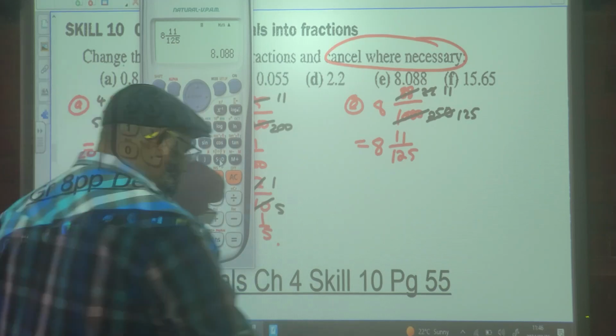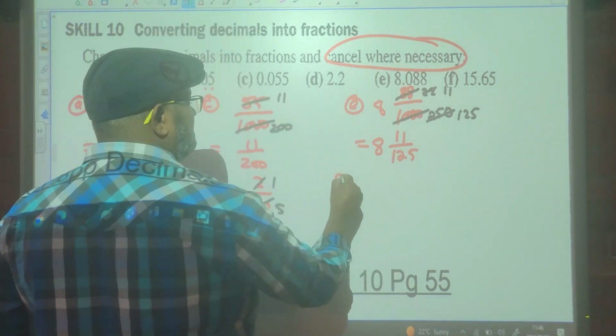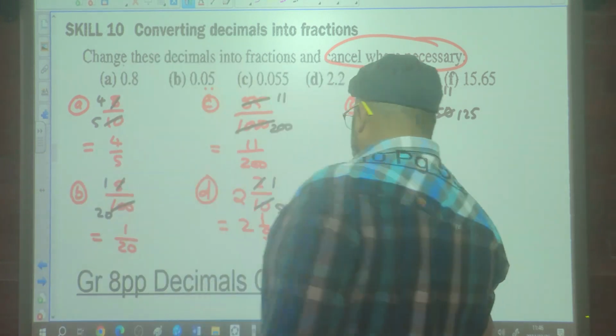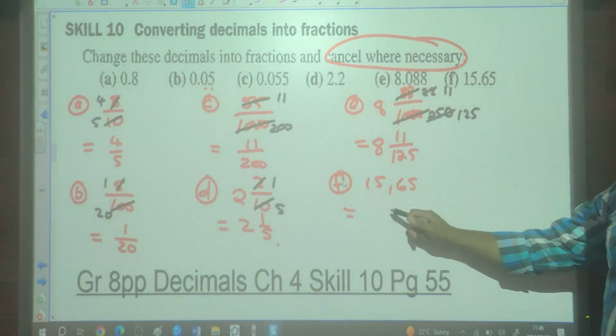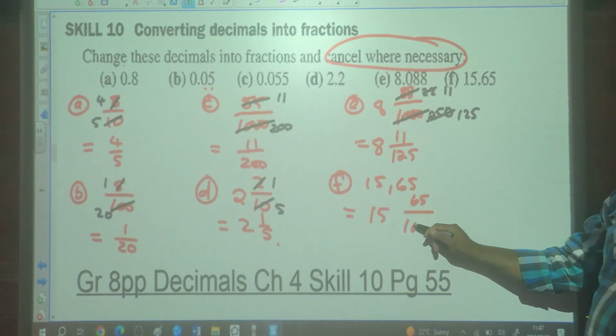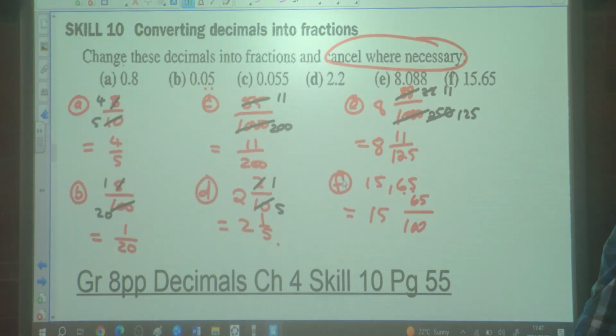Look at number F. You've got 15,65. So this can be written as 15 and 65 over 100. Why? Because there are 2 decimals.